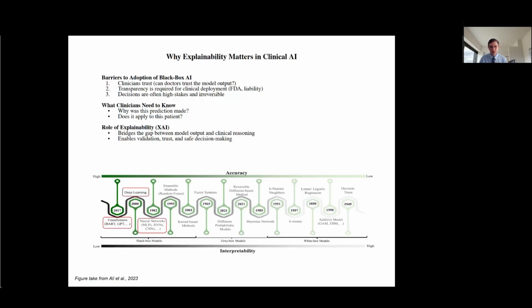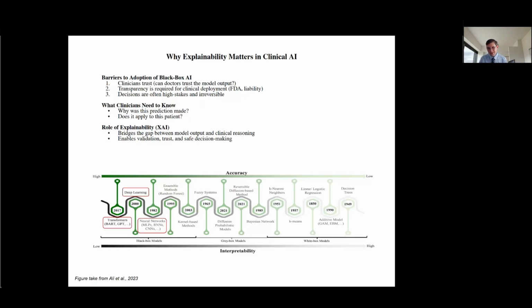On the bottom here, you can see an example of one of the trade-offs between interpretability and accuracy. On the left-hand side, you can see some of the most common models in modern artificial intelligence clinical models, and they're usually black box models, such as CNNs, which are convolutional neural networks, deep learning, as well as LLMs, which relates to GPT, as we said before.